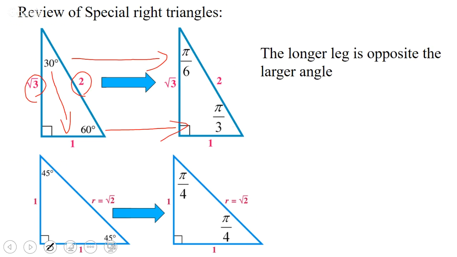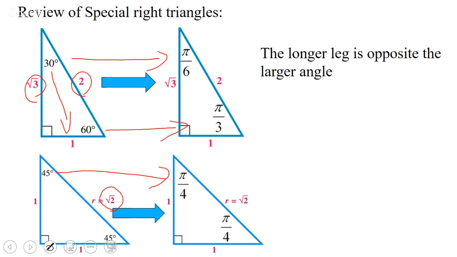And then you have your 45, 45, 90 triangle. The way I remember a 45, 45, 90 triangle is 1, 1, square root of 2. So the legs are 1, and the hypotenuse is square root of 2. Since I have pi over 4 is 45 degrees, you got to know that also.